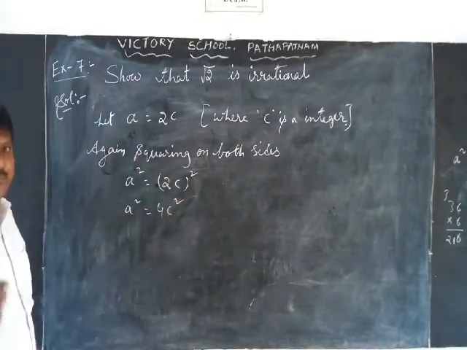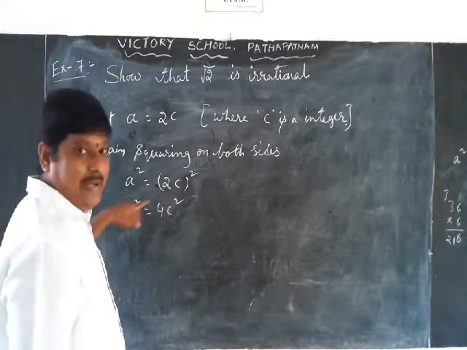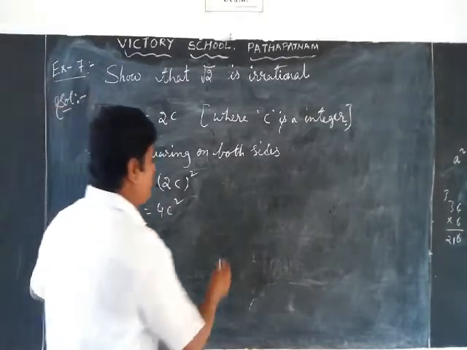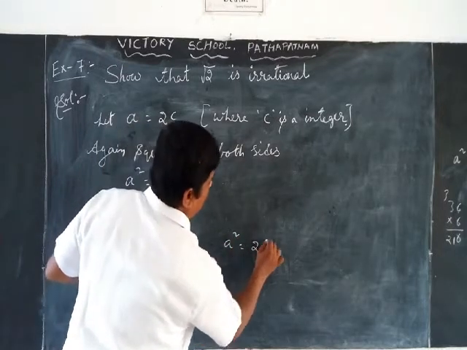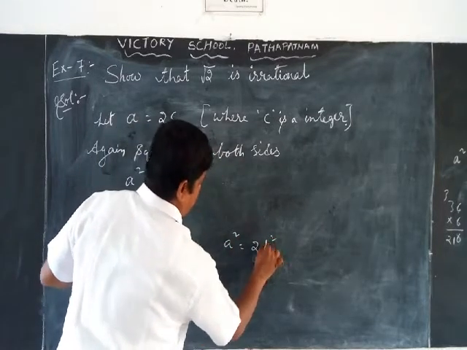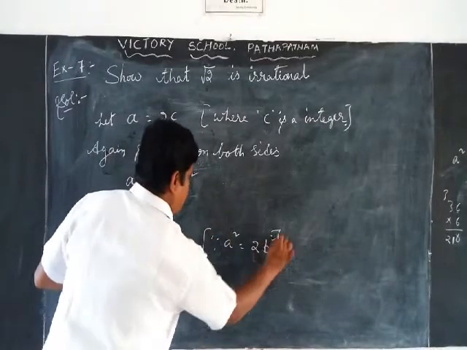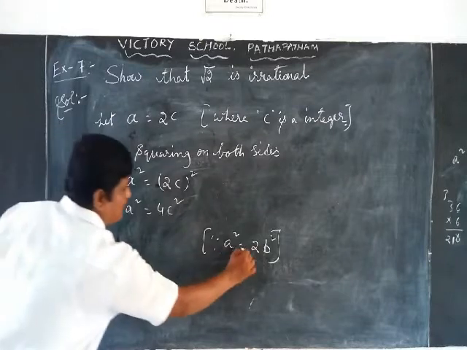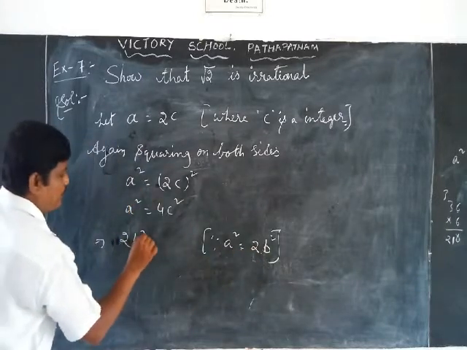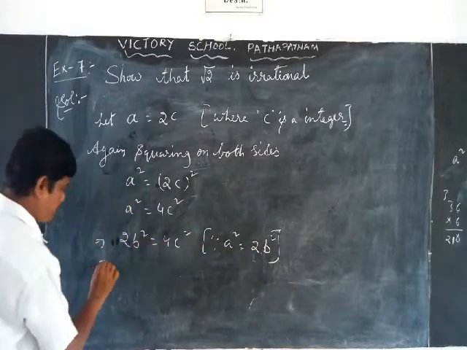Now we know from before that a square equals 2b square. We have to compare and substitute. This a square equals 2b square equals 4c square.